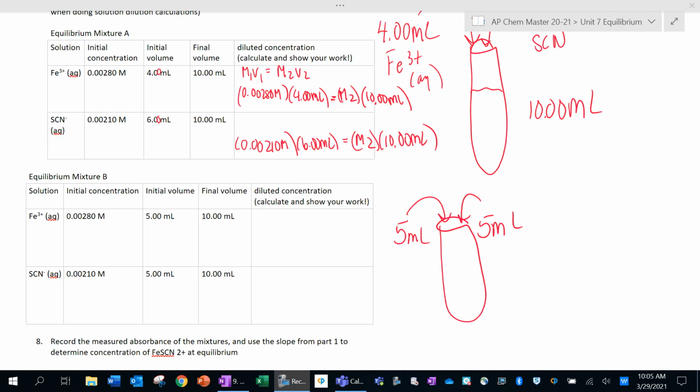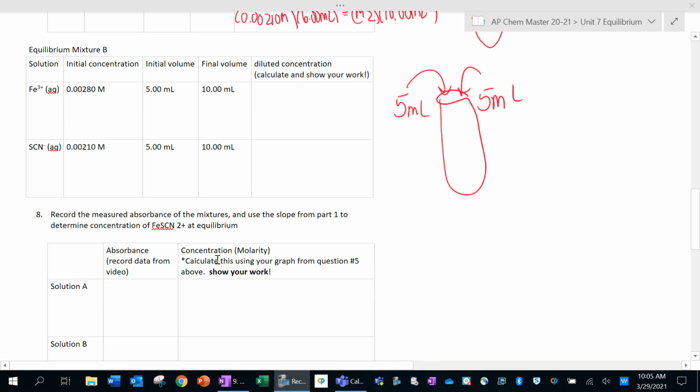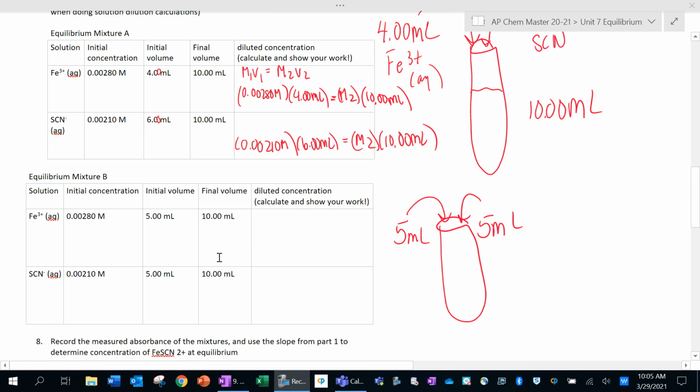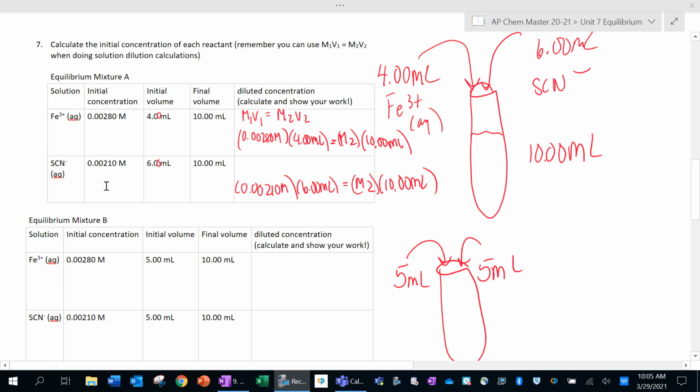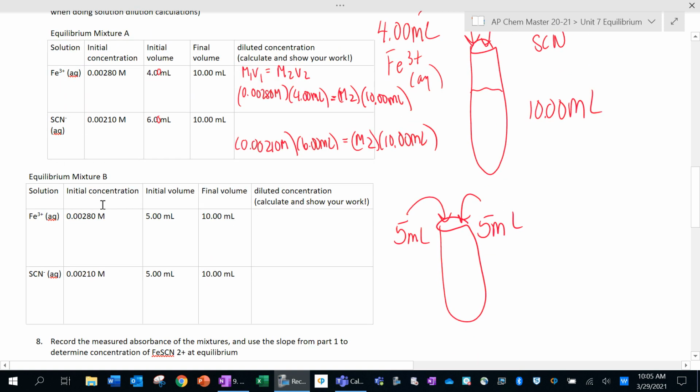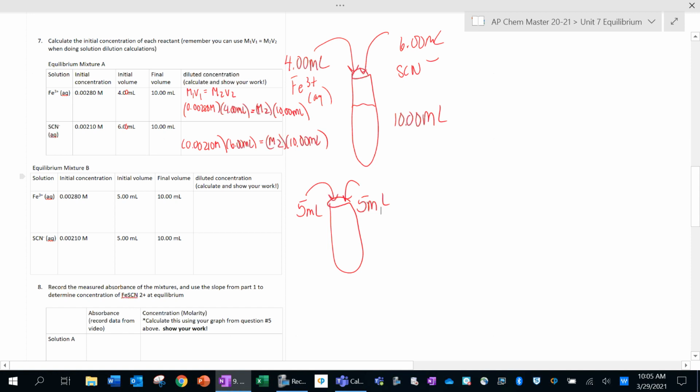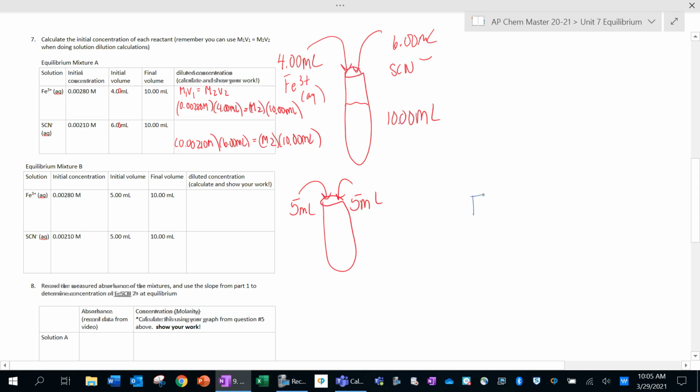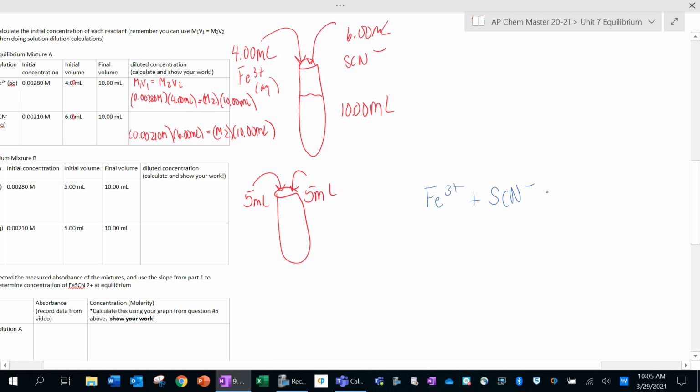Okay, continuing on. What we did here in part 7 is we just found the initial concentrations of your iron and your thiocyanate. As a reminder, what we're trying to do here is find the K value for this reaction right here, and we're going to use an ICE chart to set it up. There we go, a nice little ICE chart.